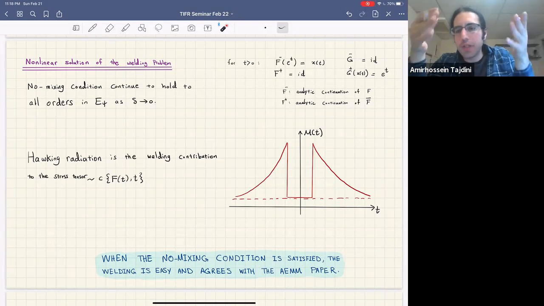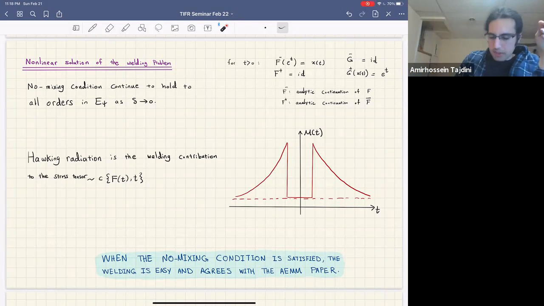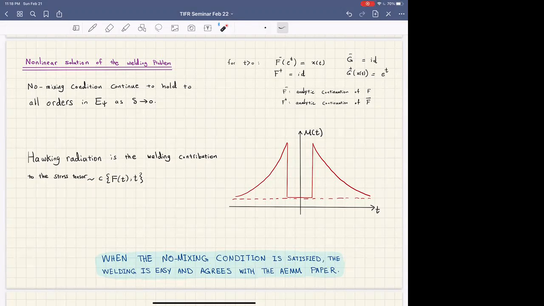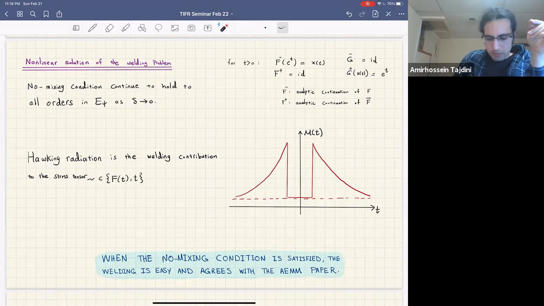It was something that, okay, is an artifact of the model, it makes everything complicated, and I still think it makes things complicated. But it's interesting that if you just do this and consider everything in Euclidean, and then analytically continue to Lorentzian, this welding contribution gives you exactly the Hawking radiation term that in the Lorentzian part I wrote for you. So it's just something that seems to be consistent.